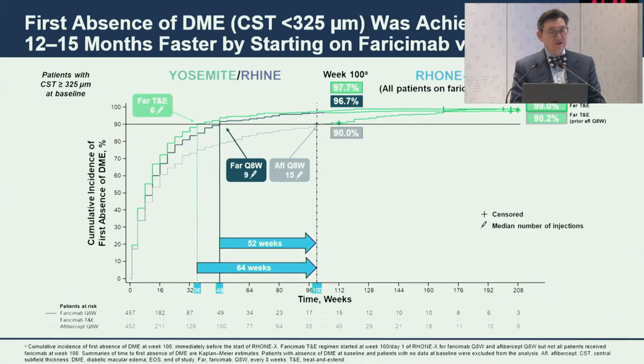If we look at the drying effect, the first absence of DME was achieved 12 to 15 months faster when started on faricimab versus aflibercept.